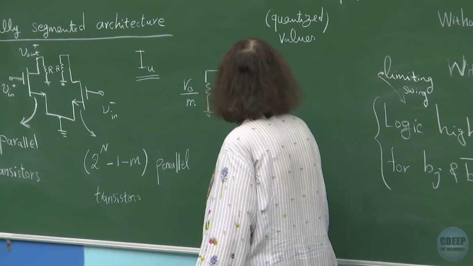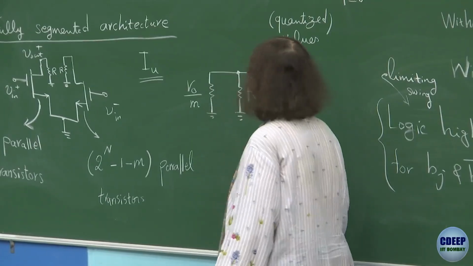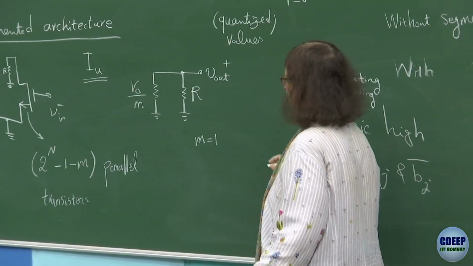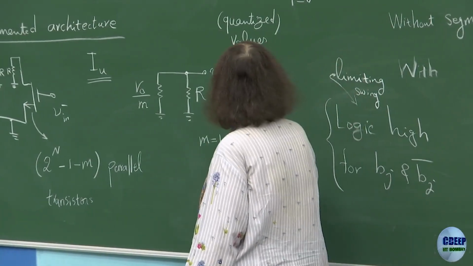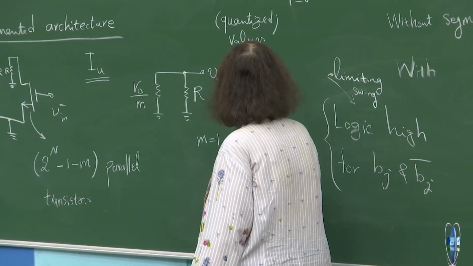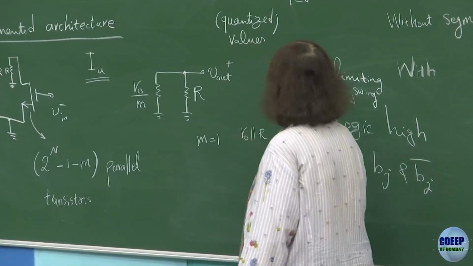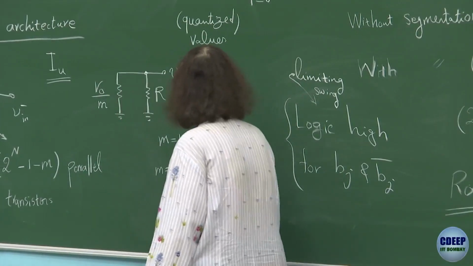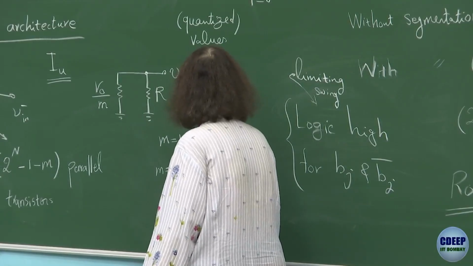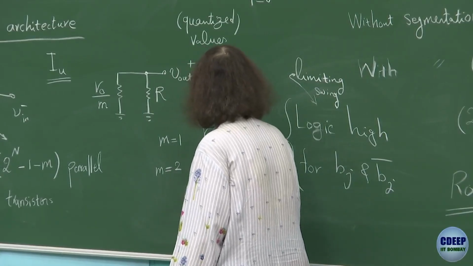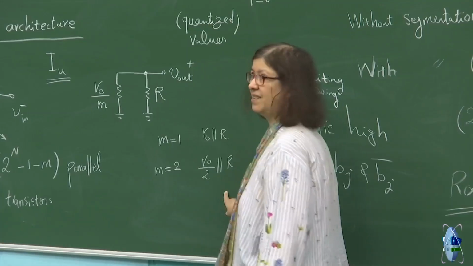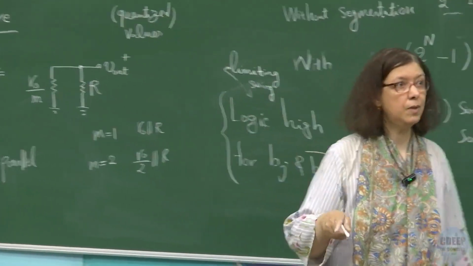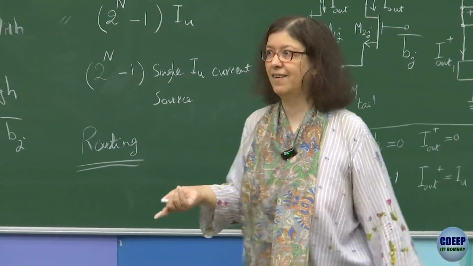If m is equal to 1, the effective resistance is RO parallel to R. If m is equal to 2, the effective resistance is RO upon 2 parallel to R. This is nonlinearity, right?